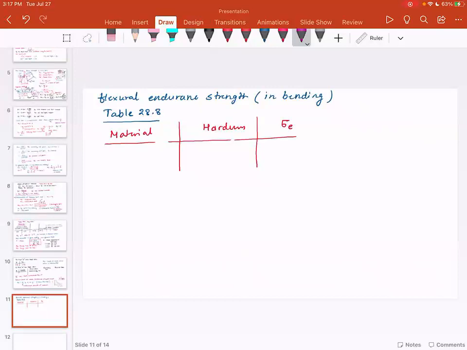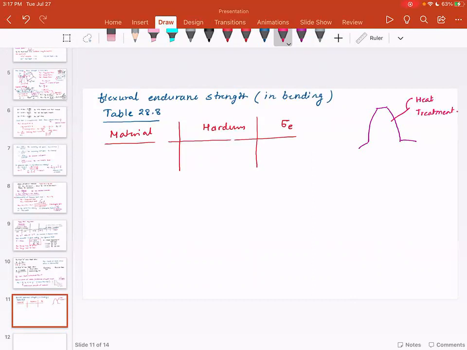I want you to think about the gear tooth, and I'm going to heat treat this material.